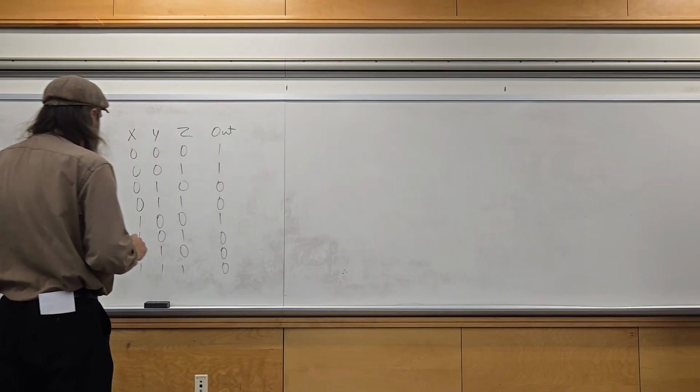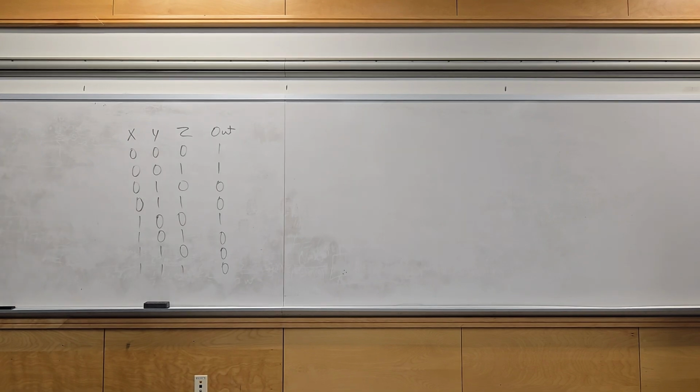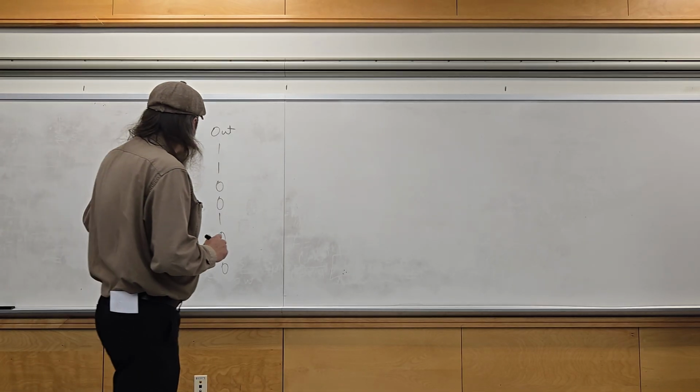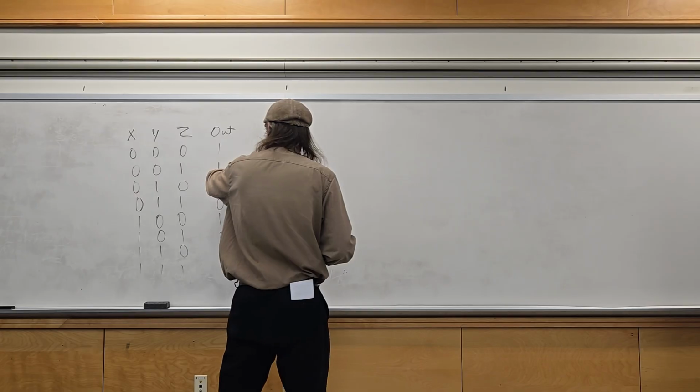All right. So what are the max terms, or I'm sorry, the min terms for this state table? Where do you get the ones? 0, 0, 1, yeah.